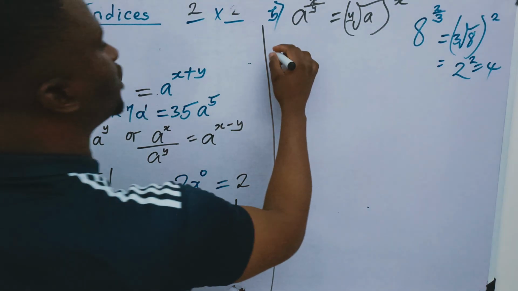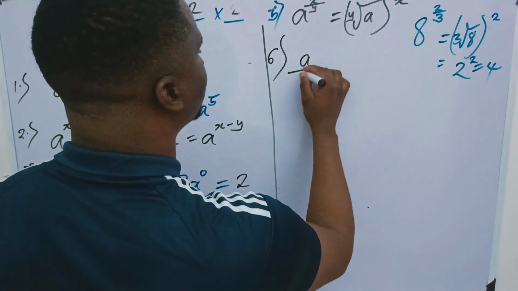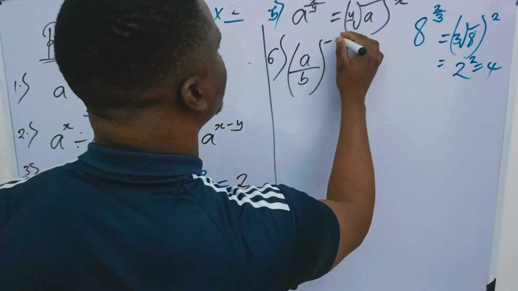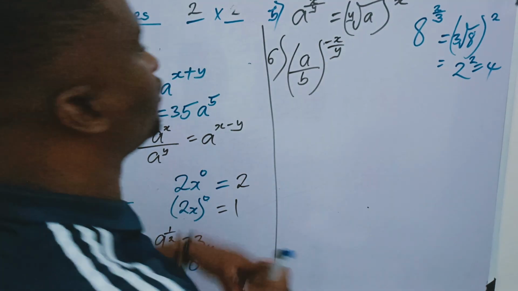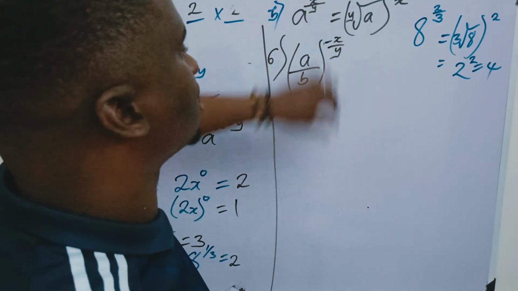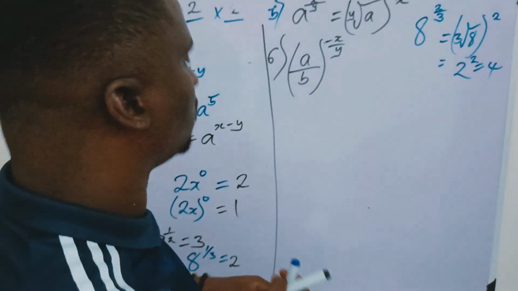So we also have something like this. Let's say we have a over b raised to the power of minus x over y. So here we have a negative index, or negative fractional index actually. So the power is a negative value.